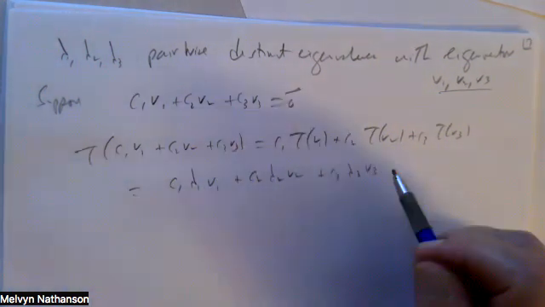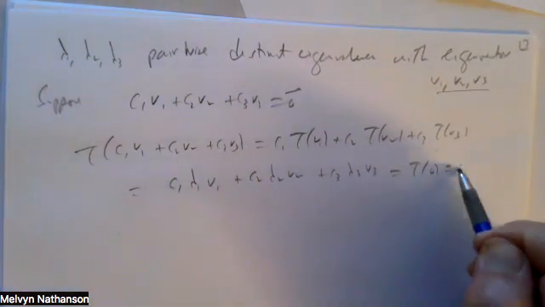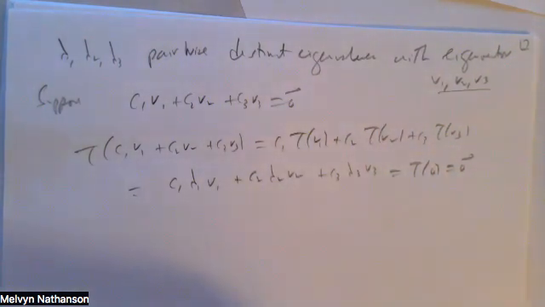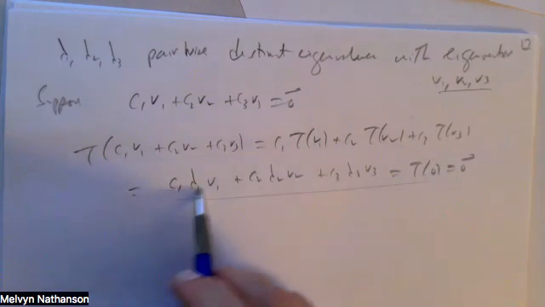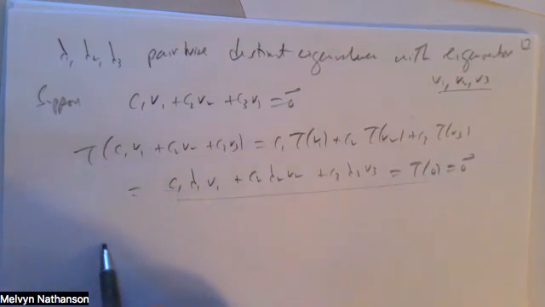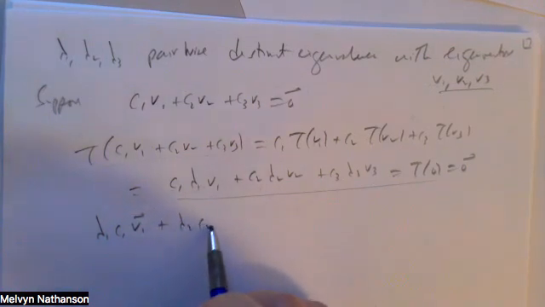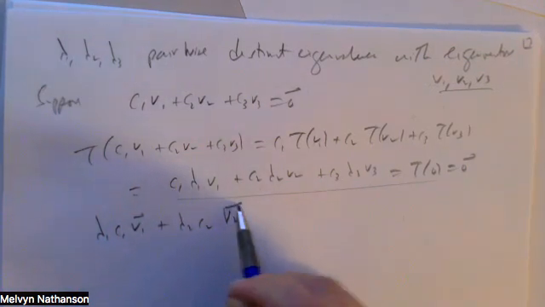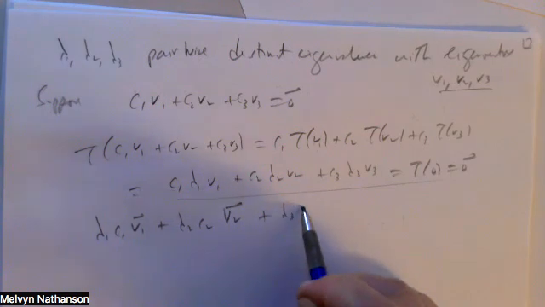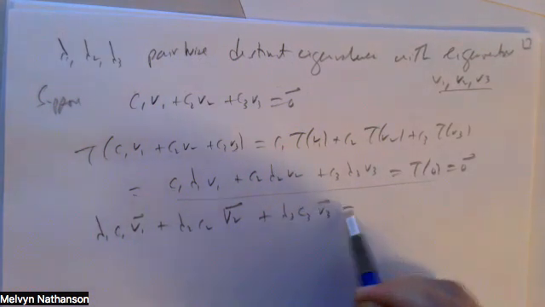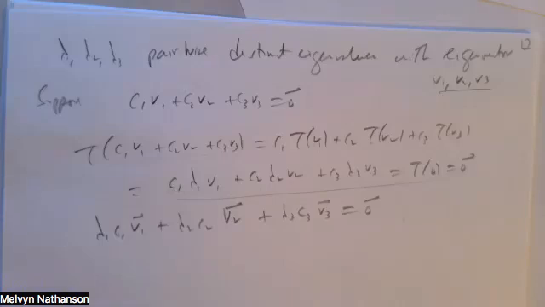And that's T of 0, which is 0. So we have this equation. Let me just interchange the lambdas and the C's: lambda 1 C1 V1 plus lambda 2 C2 V2 plus lambda 3 C3 V3 equals the 0 vector.